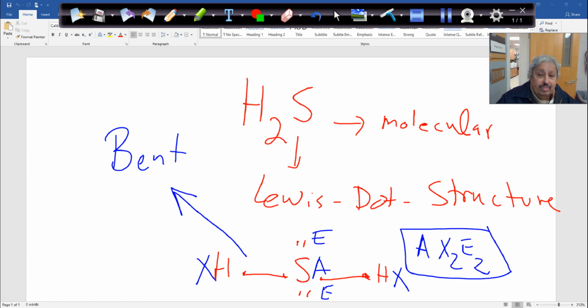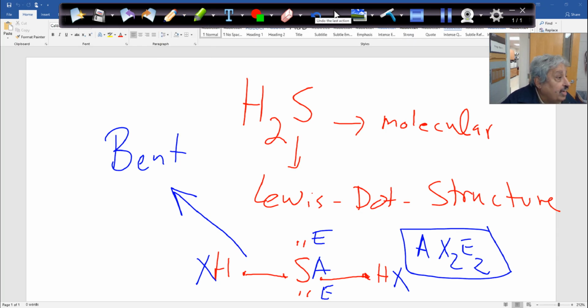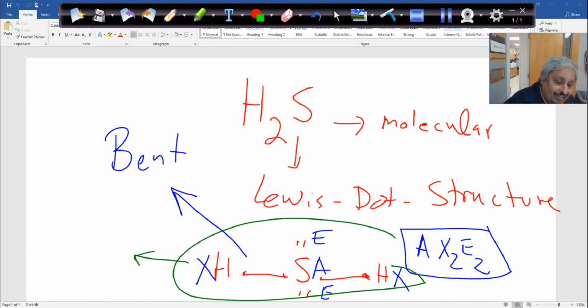Anytime we have VSEPR, we have to look at the Lewis dot structure. Now, tell me if it's polar or non-polar. Non-polar, everyone? Any other opinion? No? I said non-polar. Well, this is polar. Why? You forgot the rule.